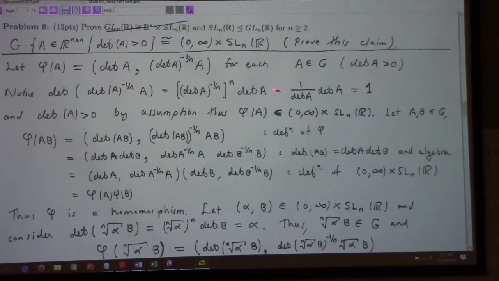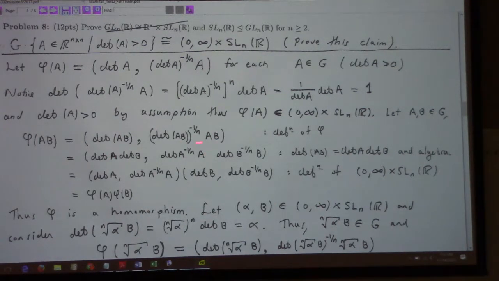Let's see here. So 1 over, sorry, too soon? No. Anyway, 1 over, so this works out to 1 over the determinant, and of course if this is positive, they cancel and they give you 1, which is good because that's what we need for this to be an SLN, right? So the map is at least well defined. And then here's the homomorphism property: phi of AB's determinant this and that, but the determinant of a product is the product of the determinants.